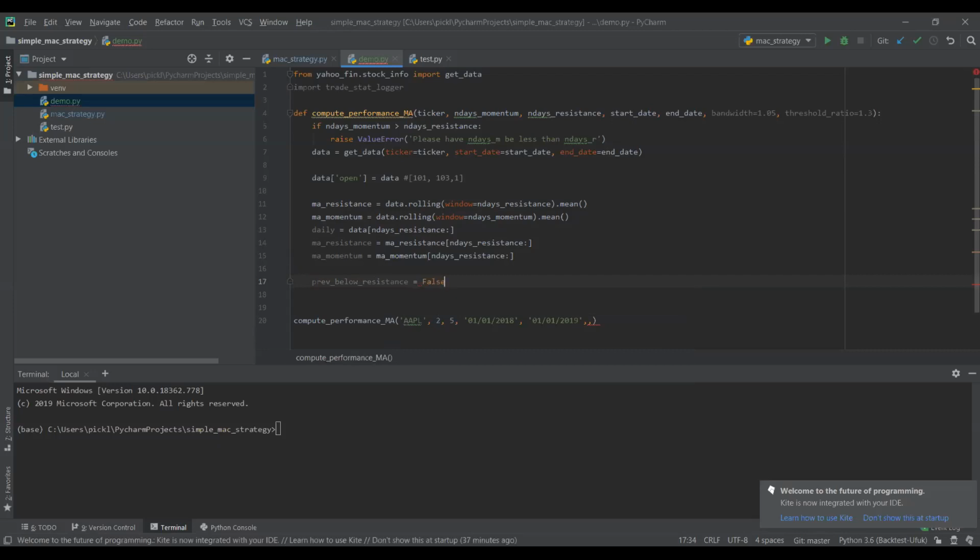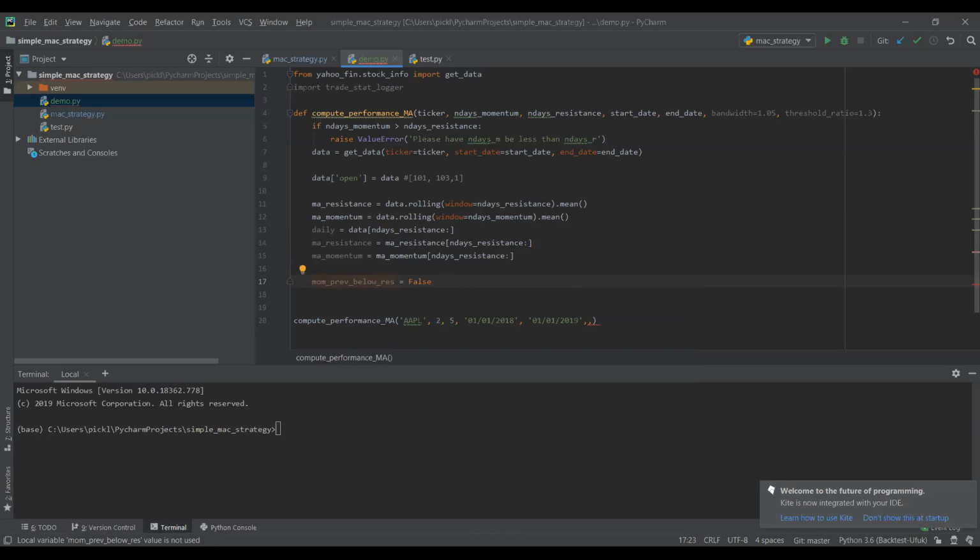So we want to create momentum prev below. Okay, so mom for momentum prev below, previous, like the momentum was previously below the resistance. What we're going to use this variable for is when you have a moving average crossover and the momentum, you want to buy when the momentum surpasses the resistance.